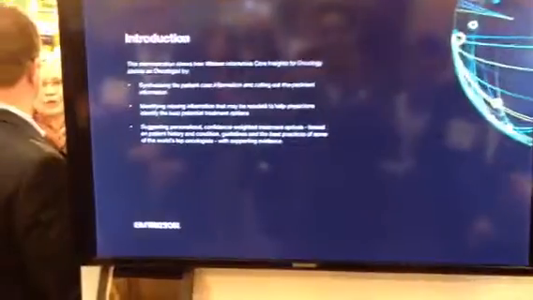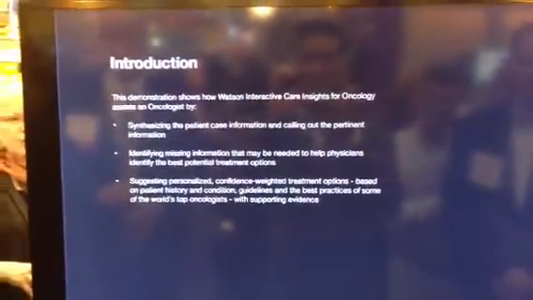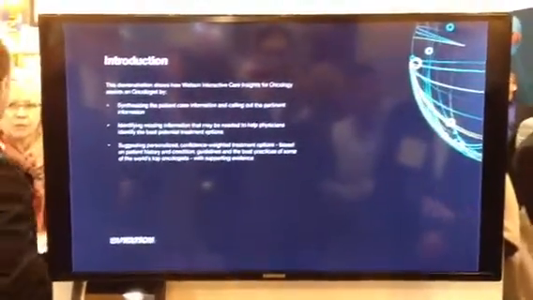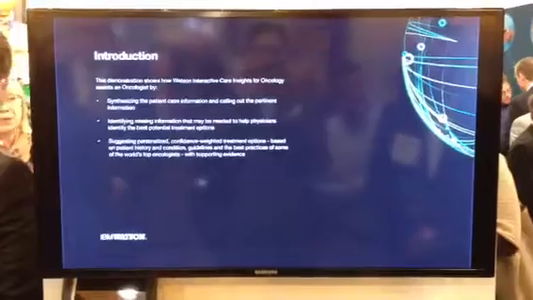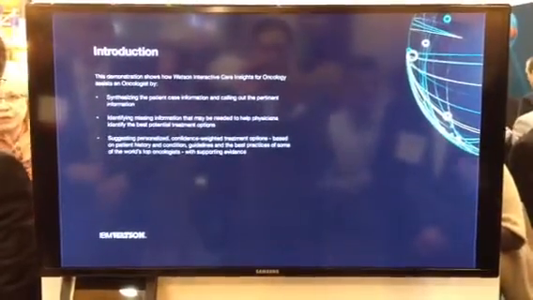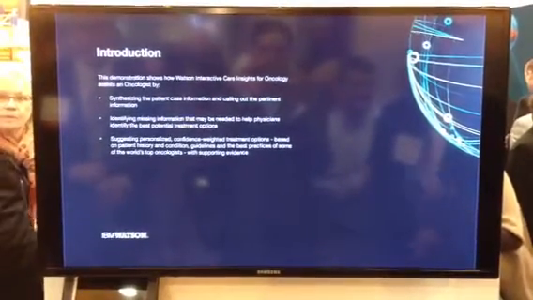So basically what this demo is showing is Watson's ability to synthesize information about a patient. The challenge being that most patients have very long healthcare records, and for a doc it's very difficult to look at that record longitudinally and pay attention to everything that's important.